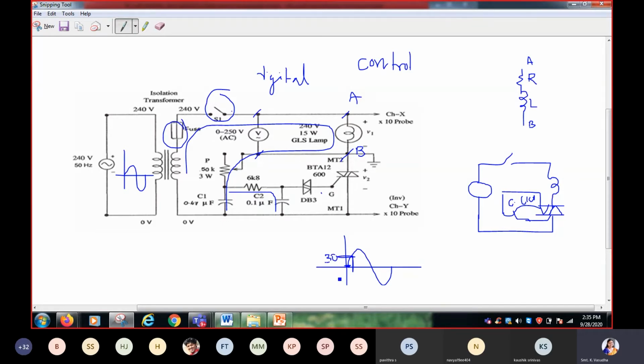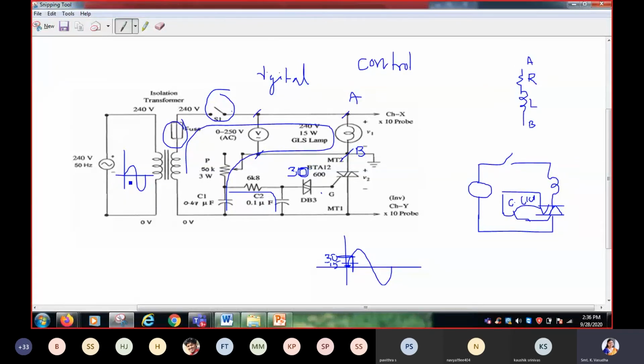The diac we are using in the lab turns on when the supply voltage crosses 30 volts. This is also one bypass question you can note. When the voltage across the diac terminals is greater than 30 volts, then only the diac will come into conduction.